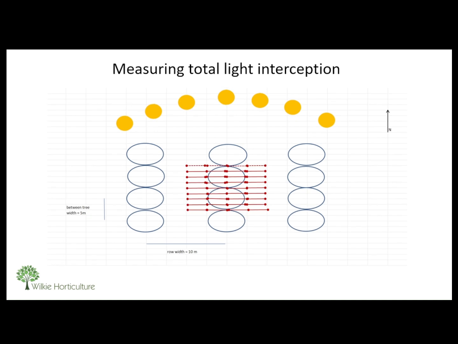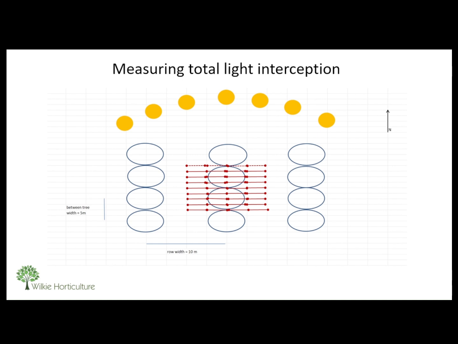So one way you can measure total light interception is get your ceptometer, and for our 2-tree plot here, you can use a grid-like pattern to go into great detail and cover all of the area that your plot occupies.